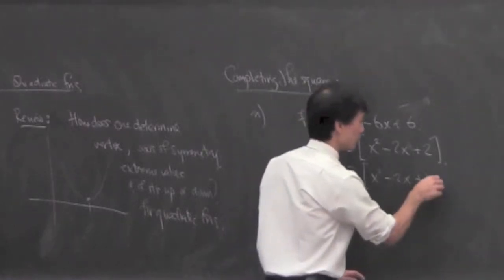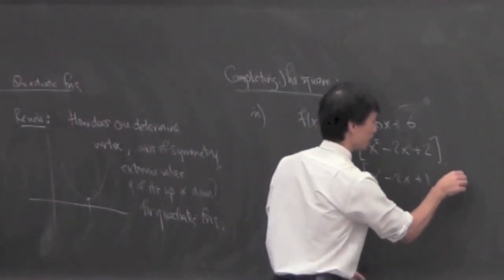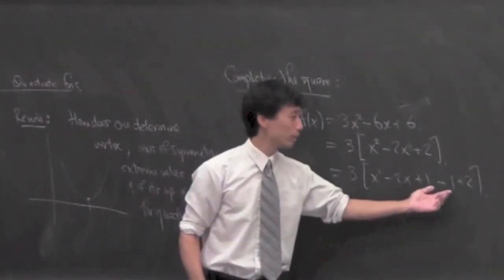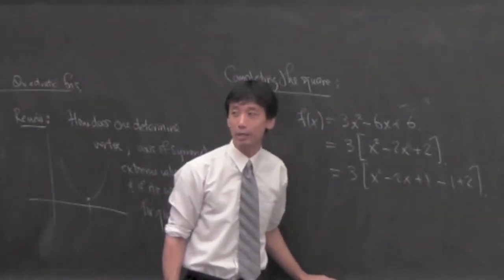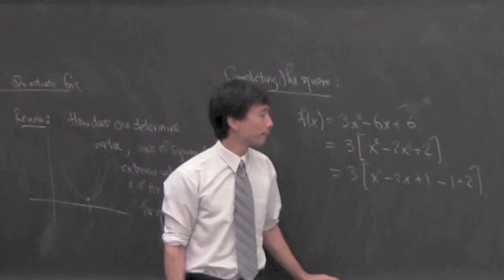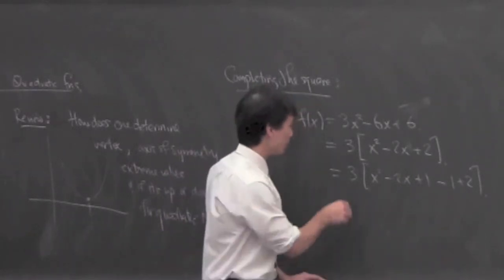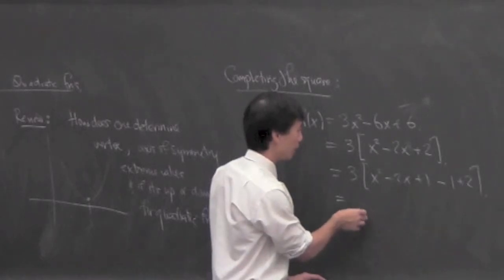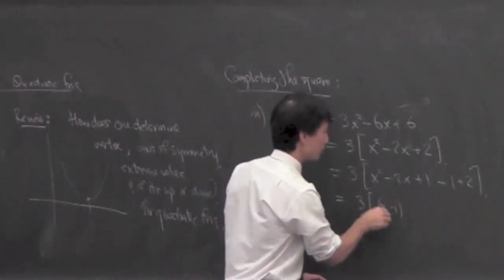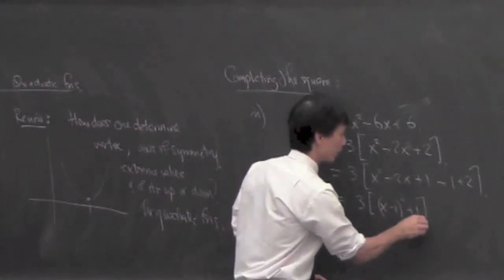And as I said before, you have to compensate for having added that thing on. And so what we end up with is 3 times the quantity x minus 1 squared, plus 1.